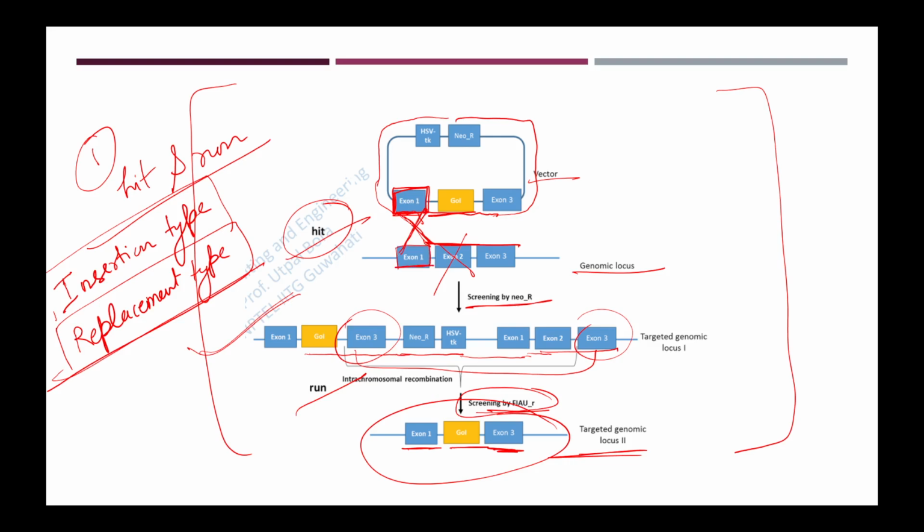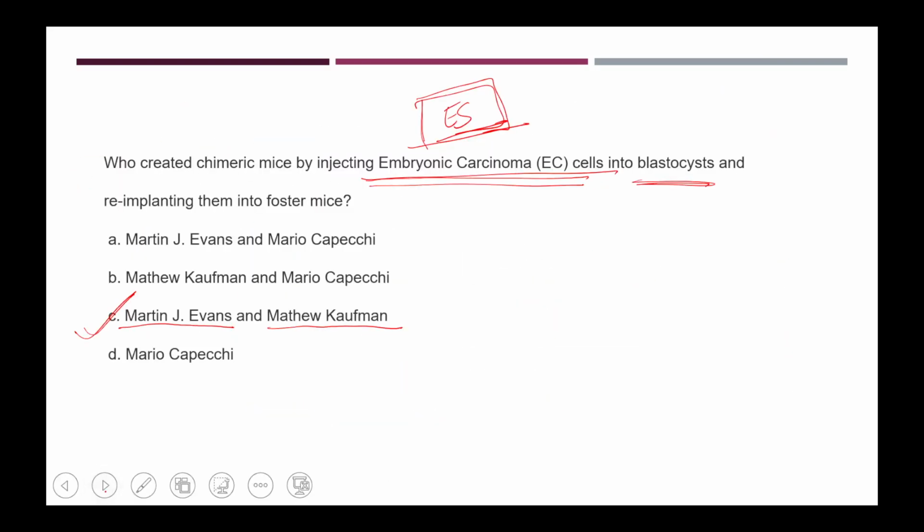Only one arm is provided. That is why after the recombination, this entire thing is integrated and then again back to here. Okay, so only one homologous arm is provided.